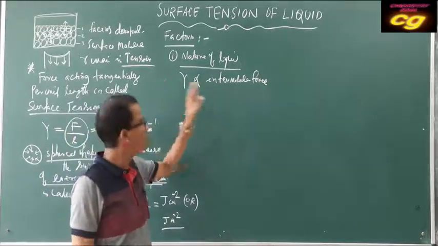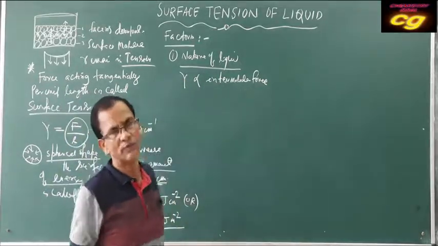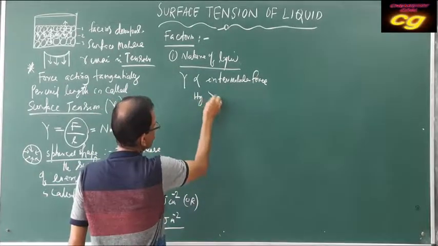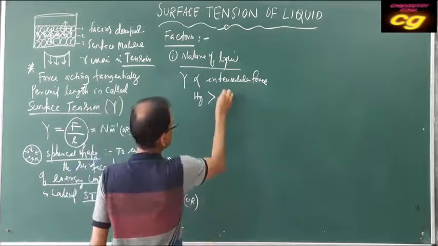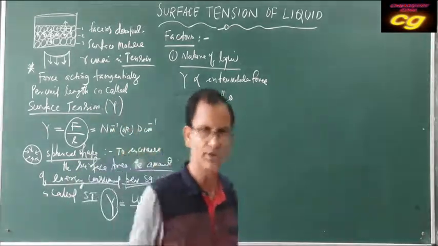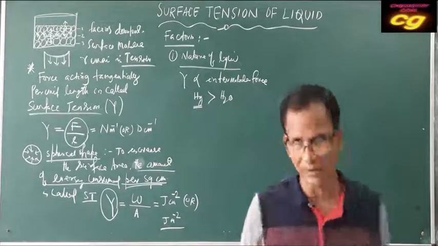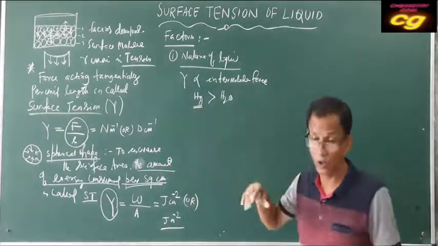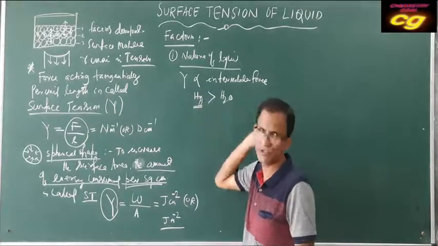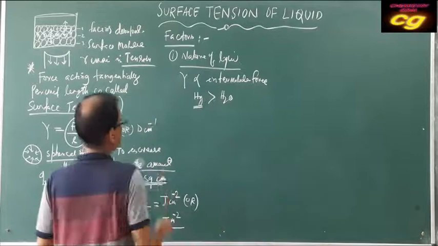If intermolecular force is more, then surface tension is more. For example, mercury has more surface tension compared to water, because in the case of mercury the interatomic attraction is more. More attraction, more surface tension. So this is the nature of liquid.